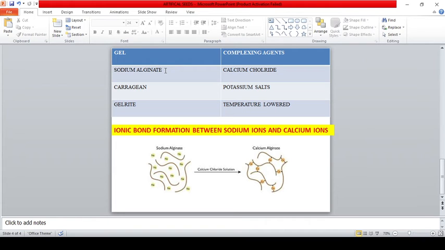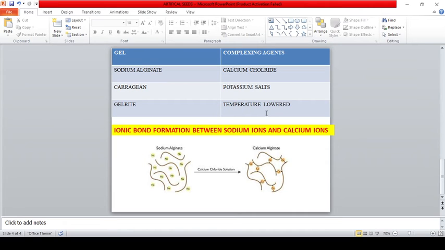So the first commonly used gelling agent is sodium alginate. The complexing agent is calcium chloride. The next gelling agent is carrageenan. The complexing agent is potassium salt. The next commercially available gelling agent is gelrite. Since it is commercially available, we should lower the temperature.